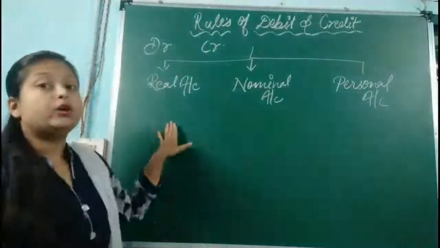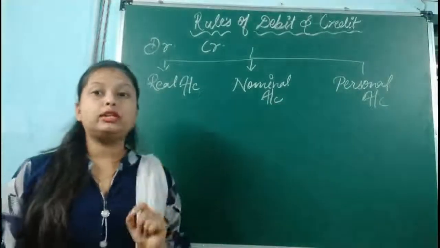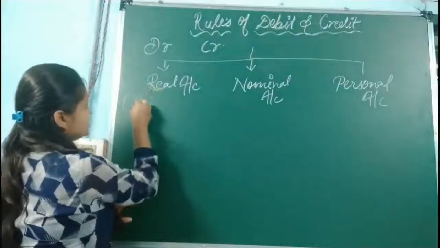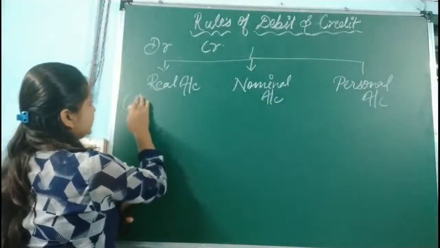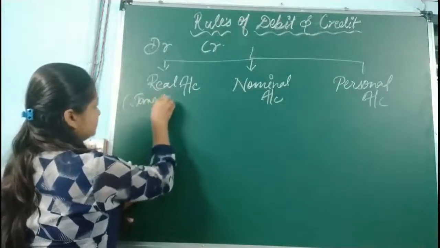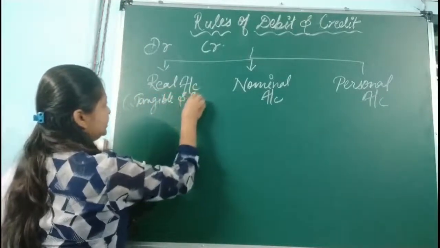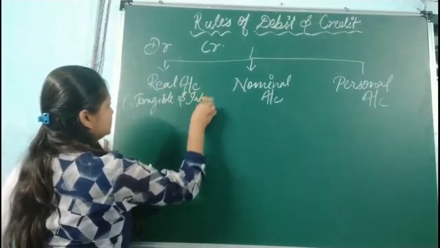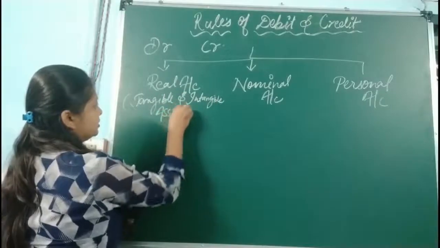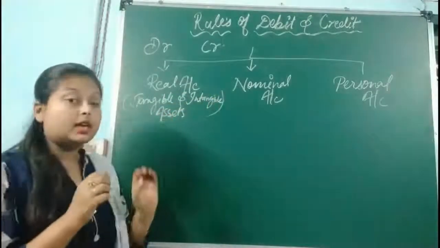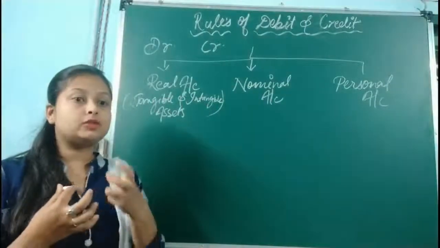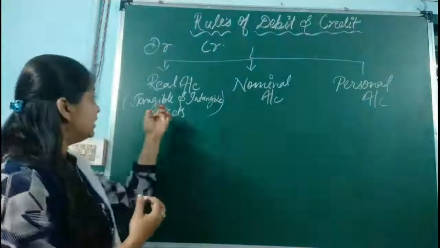So, real account consists of all the tangible and intangible assets. A real account means the things which we can see and touch, and intangible things.